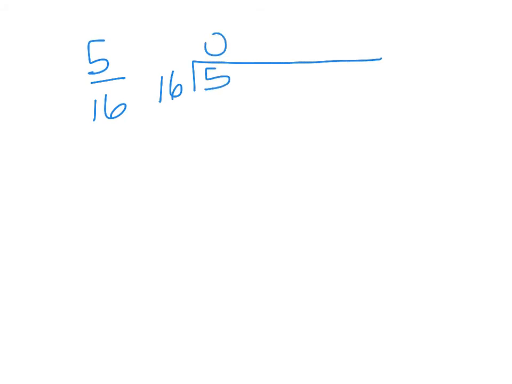Let's try a little more challenging one. How about 5/16? So 16 goes into 5 0 times. It goes into 50 3 times, because 3 times 6 is 18, carry the 1, so 48.